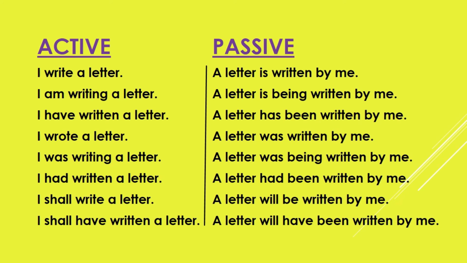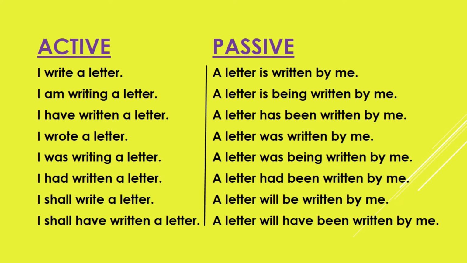Thereafter, we have used the third form of the verb, that is the past participle form of the verb. And finally, what do we have in the subject? In the active voice, it is I, which has become me in the passive voice. So this is how we transform a sentence from active voice to passive voice.